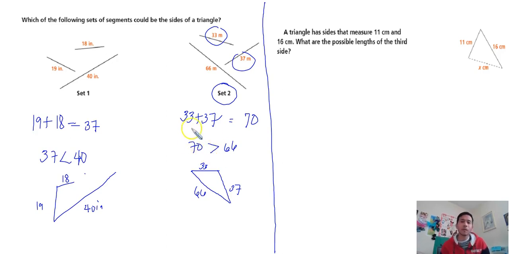Okay, next, a triangle has sides that measure 11 centimeters and 16 centimeters. What are the possible lengths of the third side? So we are looking for x centimeters.